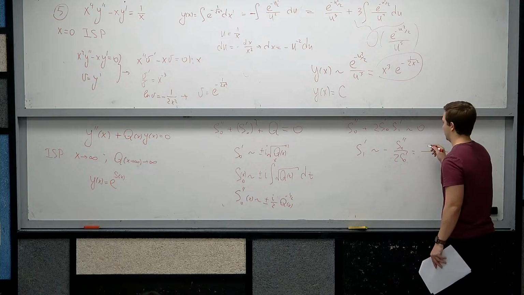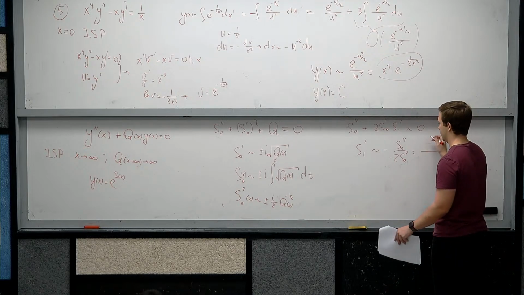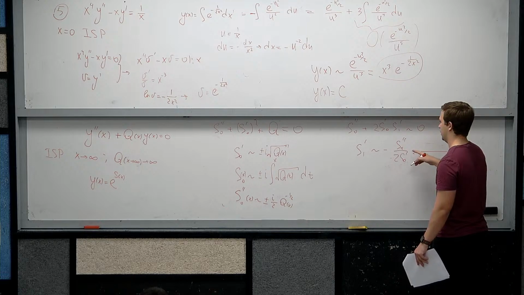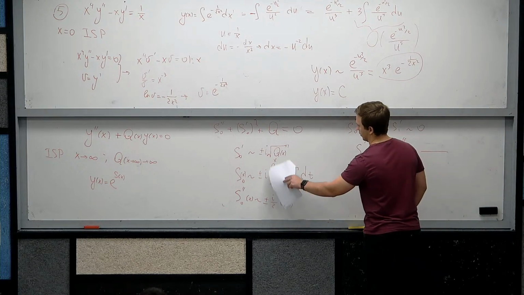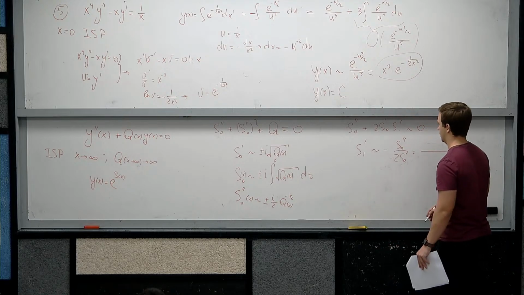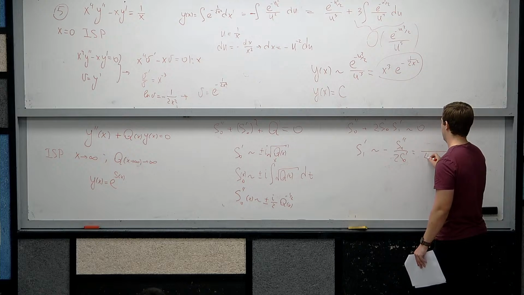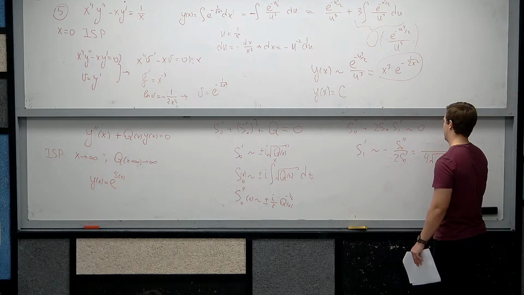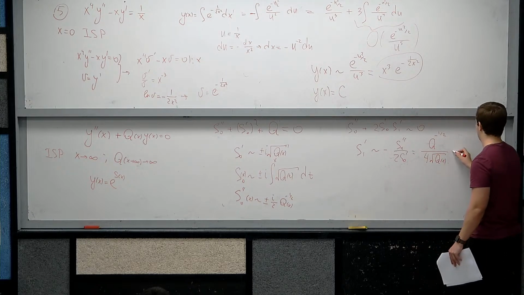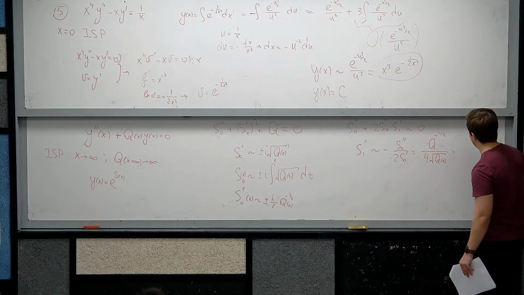So it would be with a plus sign everywhere, and also i cancels out. So it would be 4, and then square root of q of x, and here's q minus, and then it's just e to the minus.